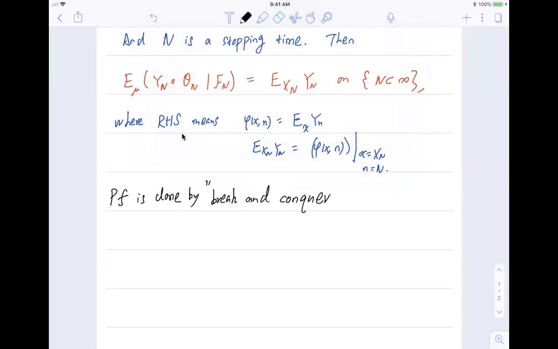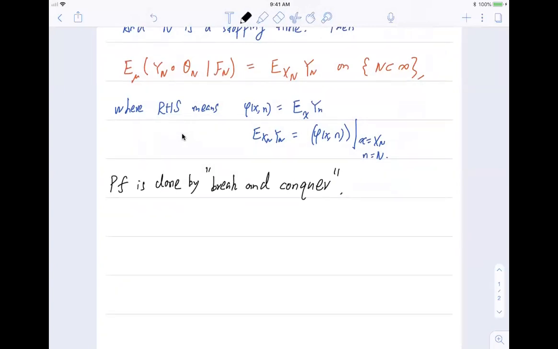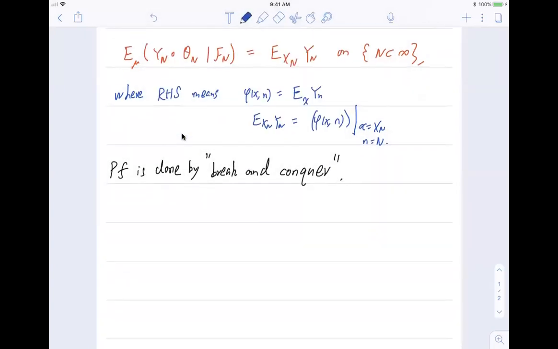We break up over all possible values of the stopping time N, so N can be 0, 1, 2, to infinity, and we just write using the definition of conditional expectation.